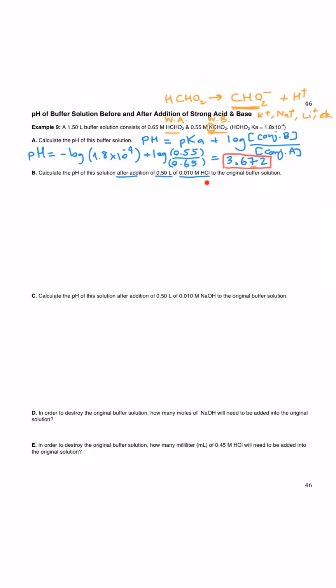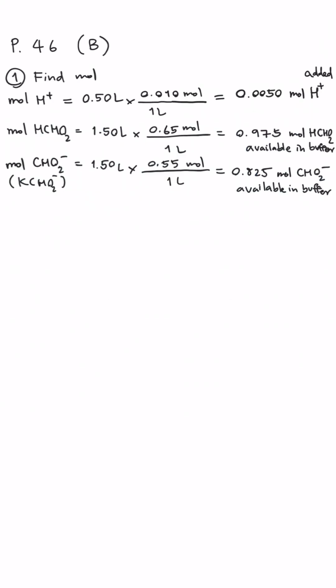The added acid will react with the available weak base in the buffer solution in a stoichiometric ratio. Therefore, we will first need to find the mole of each of those species available in the solution. To calculate for mole, use the volume that is given for each species, multiplied by their concentration.